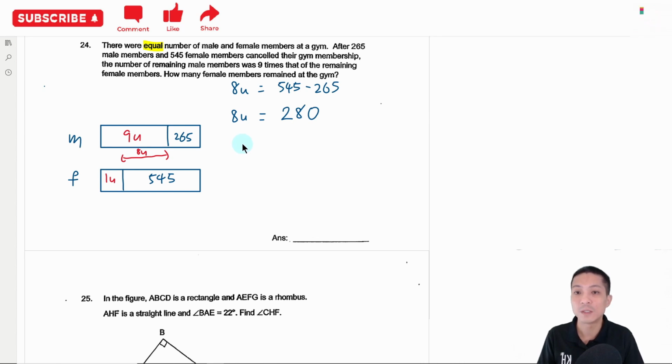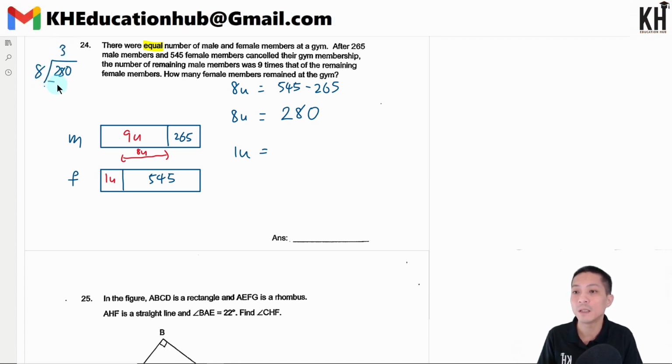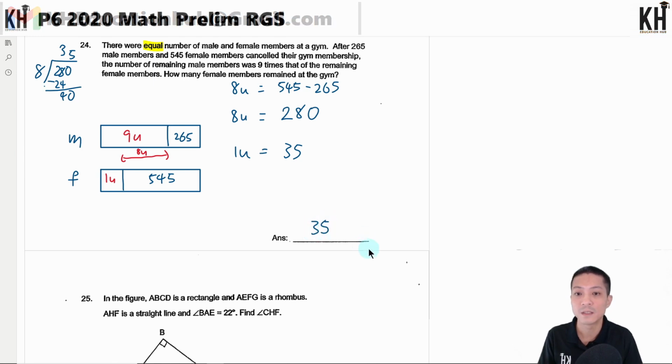So the question wants you to find how many female members remain at the gym, which means that you need to find what is 1 unit, right? Okay, 280 divided by 8, 24, 40, and that will be 5. Okay, so 1 unit is 35, and that will be the answer.